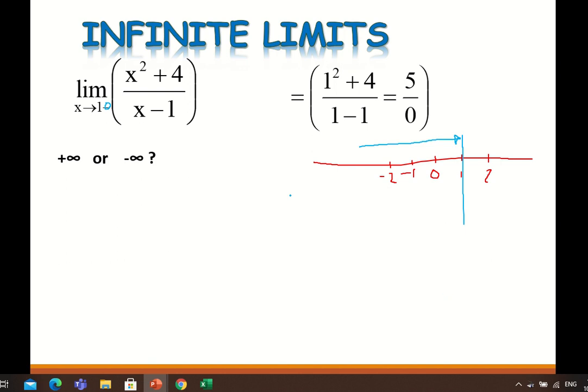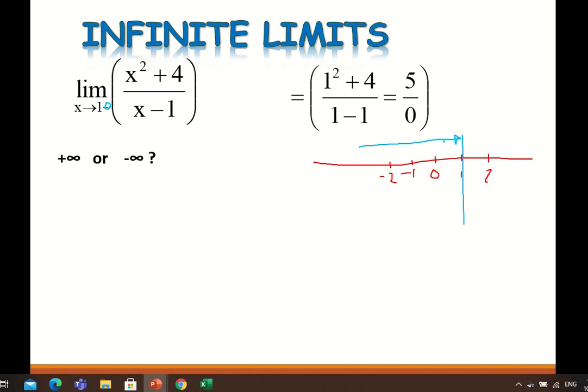So the question now is, is it positive or negative? Because we have x minus 1, if the value is very close to 1, coming from the left, it should not be like the other example where we had 2.001, coming from the right.